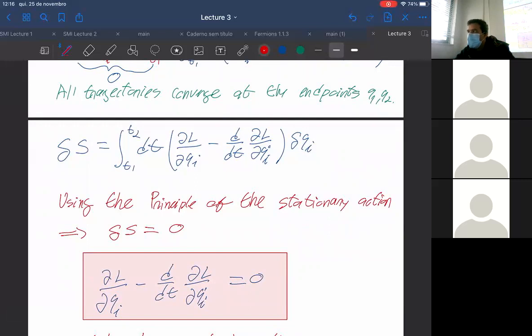It's just mathematical. If the argument of this integral is 0, it's 0 to start with.